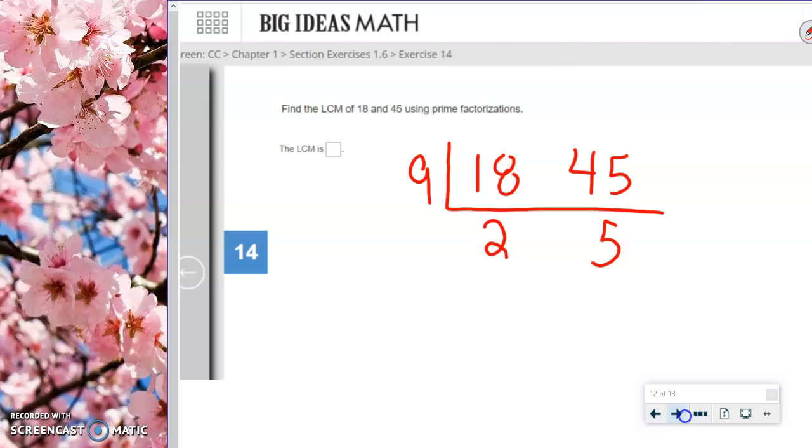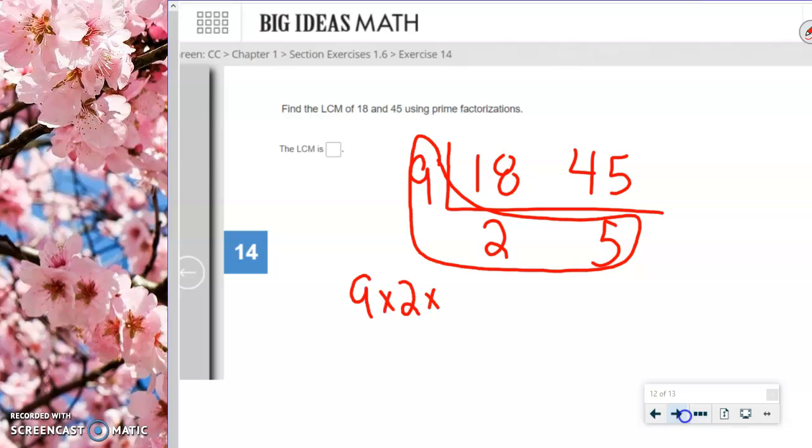So my greatest common factor is 9, but my LCM would be 9 times 2 times 5. Well, 2 times 5 would be 10, so then 9 times 10 would give me my LCM, which is 90. You should enter that in, check your answer, and make sure we got it right.